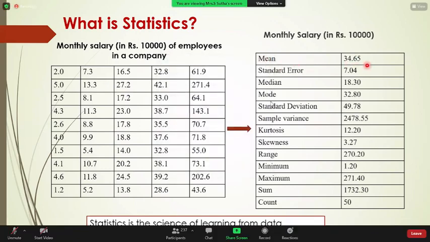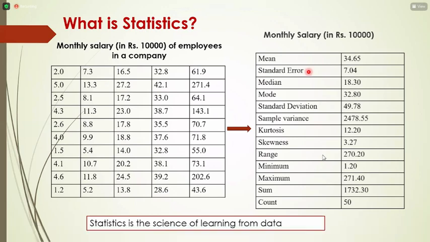So now the mean is 34.65. The average salary of an employee in a company. The monthly average salary of an employee in a company is 34.65.